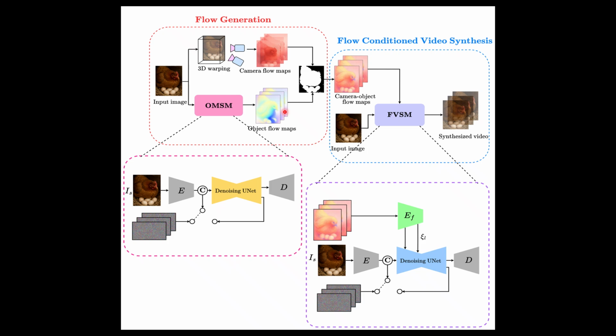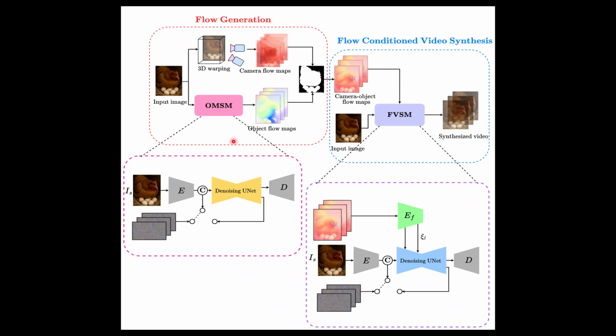First, the model estimates the 3D structure of the input image using a depth estimation network. Using the depth map and the desired camera trajectory, the system simulates how pixels would move under that camera motion. This produces camera flow maps. Next, a separate diffusion model called the object motion synthesis model generates optical flow for moving objects in the scene.